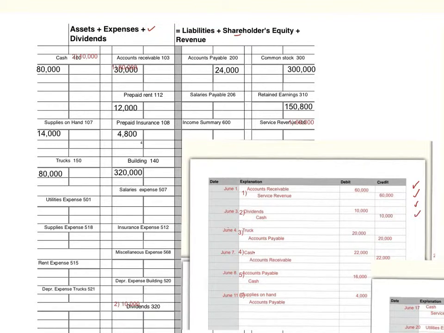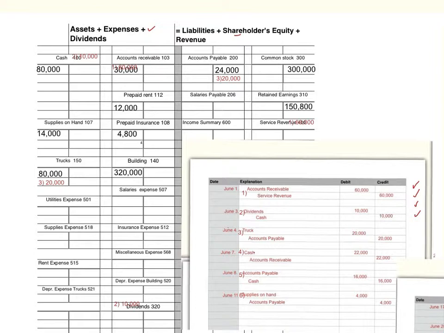The third transaction is June 4th, a debit to truck and a credit to accounts payable. So the trucks go up by 20,000, and that's a debit, and my liabilities, accounts payable, increase by 20,000, and that's a credit to accounts payable.